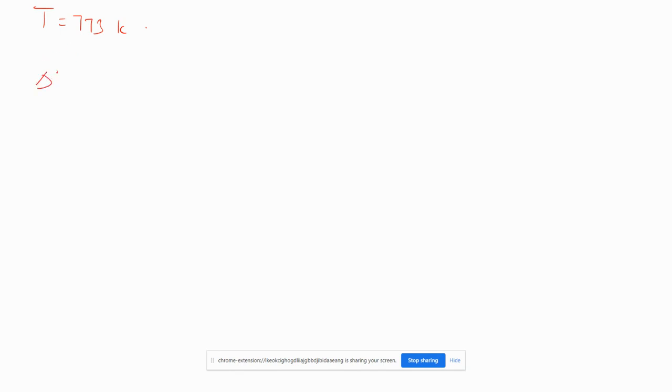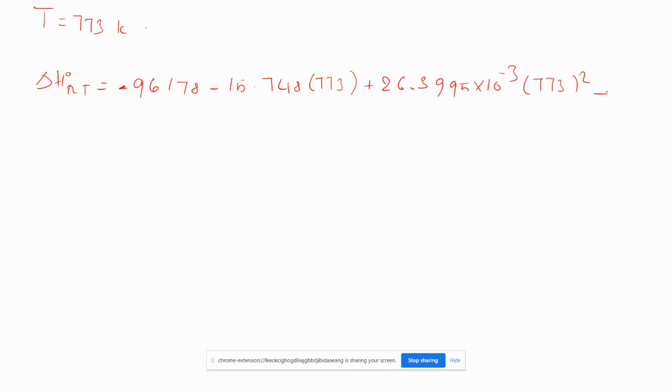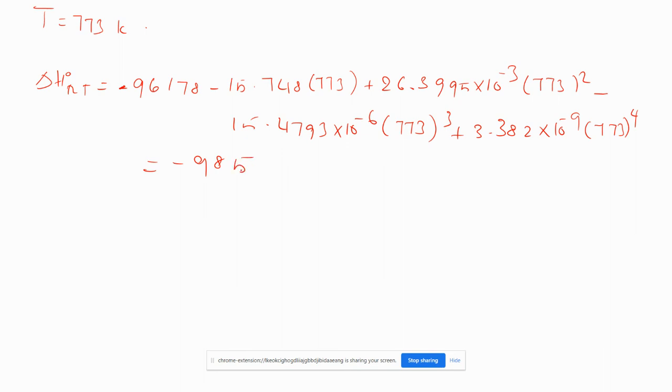So del H0 RT is equal to minus 96178 minus 15.748 into 773 plus 26.3995 into 10 power minus 3 into 773 square minus 15.4793 into 10 power minus 6 into 773 cube plus 3.382 into 10 power minus 9 into 773 power 4, which is equal to minus 98.519 kilojoules per mole, because they have asked in kilojoules per mole.